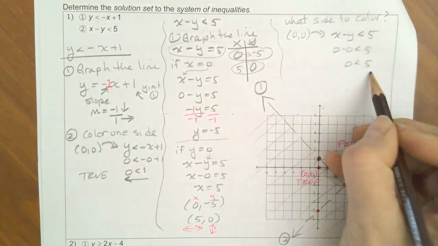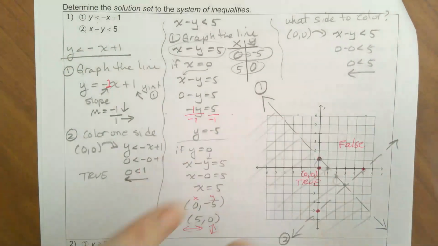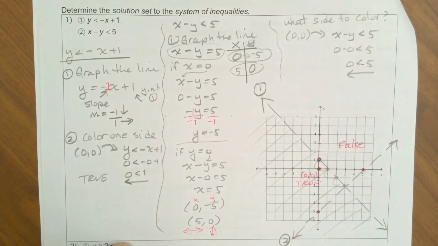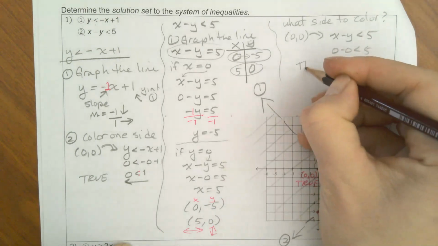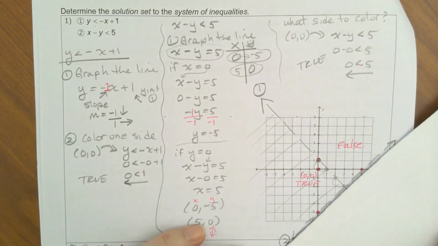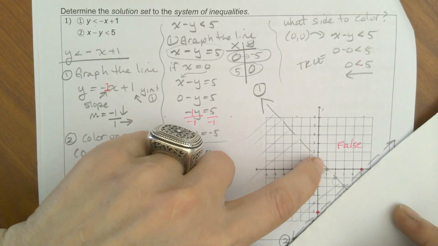Now I read that. It doesn't matter which way you read it. This says 5 touches the big side. 5 is bigger than 0. Is 5 bigger than 0? Yep, that's true.